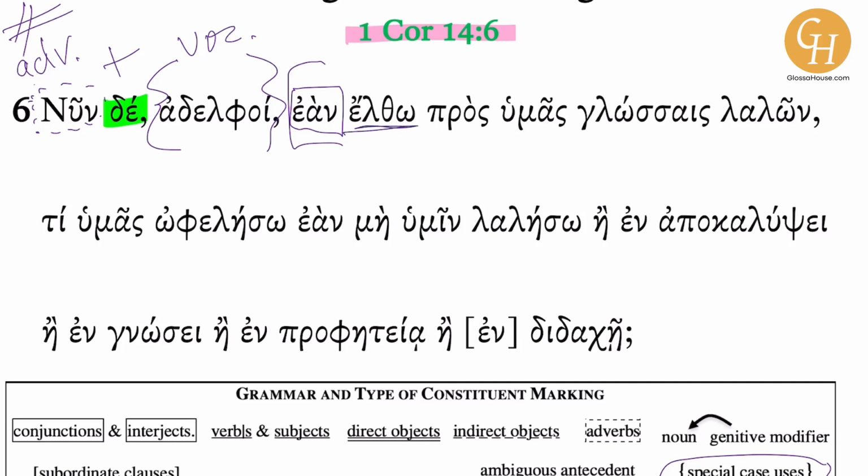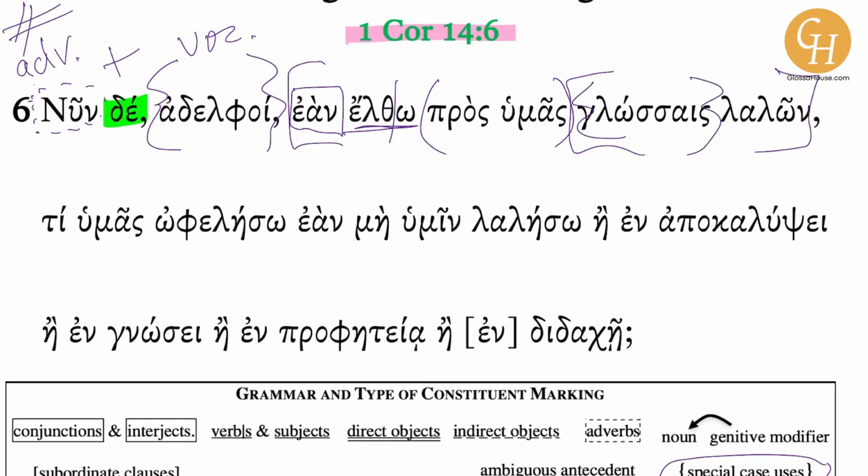It takes the subjunctive; eltho is aorist active subjunctive, first person singular. If I come to you, pros humas is the destination, a prepositional phrase. And then you have speaking in tongues, lalon glossais.